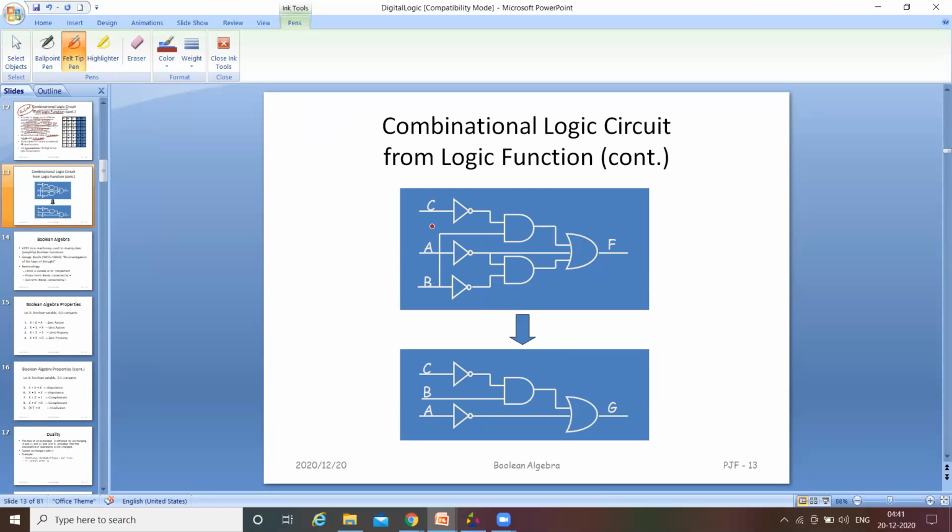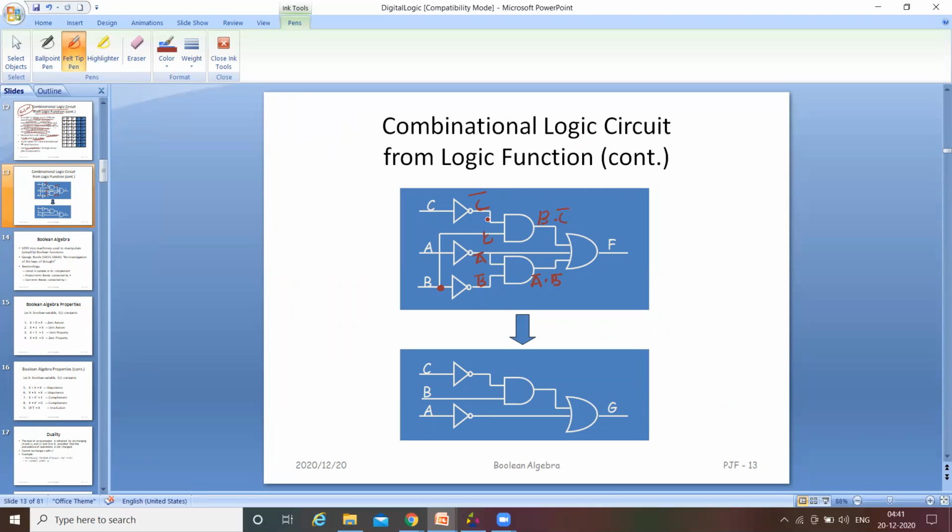See, he represented here. This is C, this is C bar. Here this is B, and this is A bar. This is B bar. This is A bar dot B bar, and this A bar is directly connected here, and this is B dot C bar.